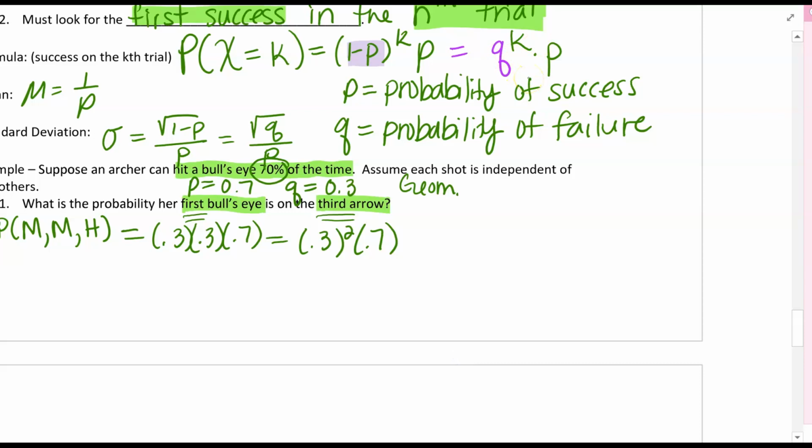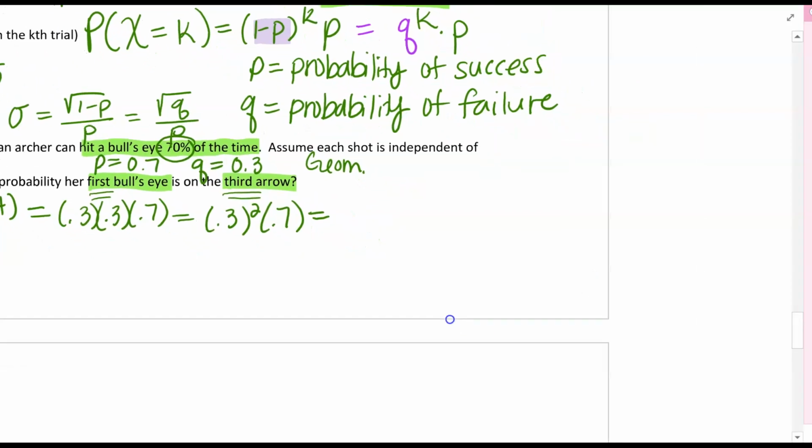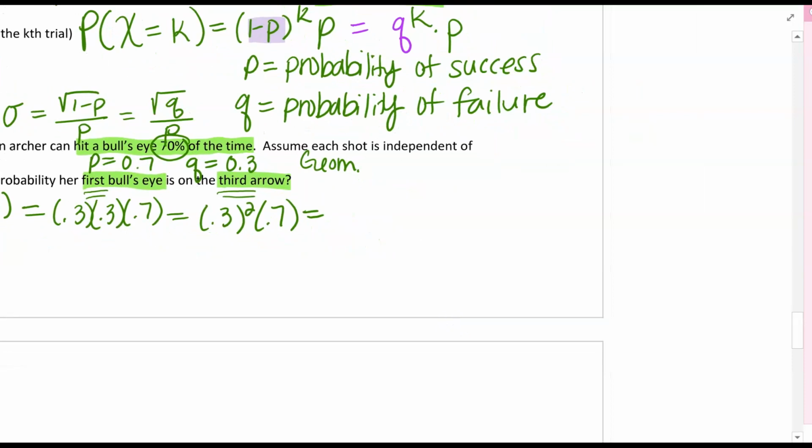The probability of failures, which is Q, raised to the number of failures, times the probability of success. So on your calculator, you can just type that out to calculate that probability. 0.3 squared times 0.7.